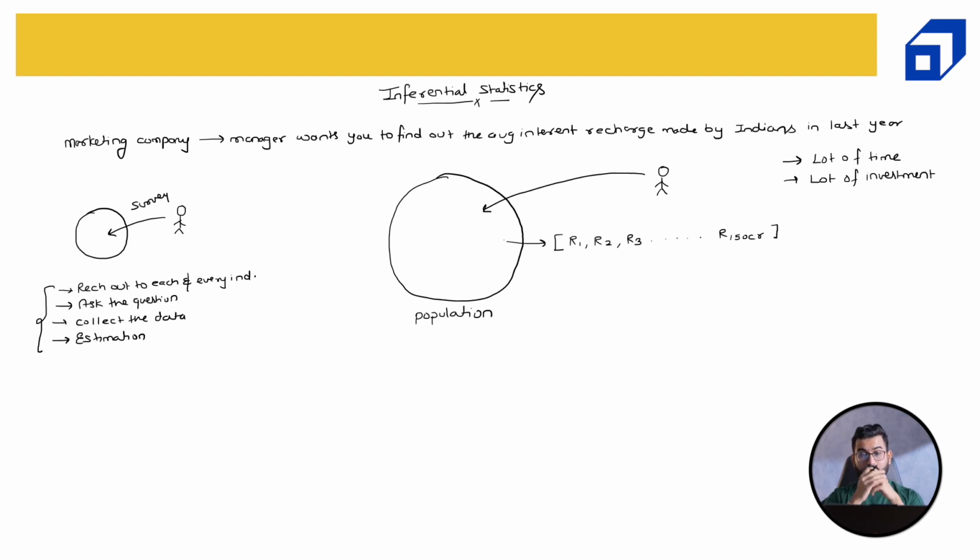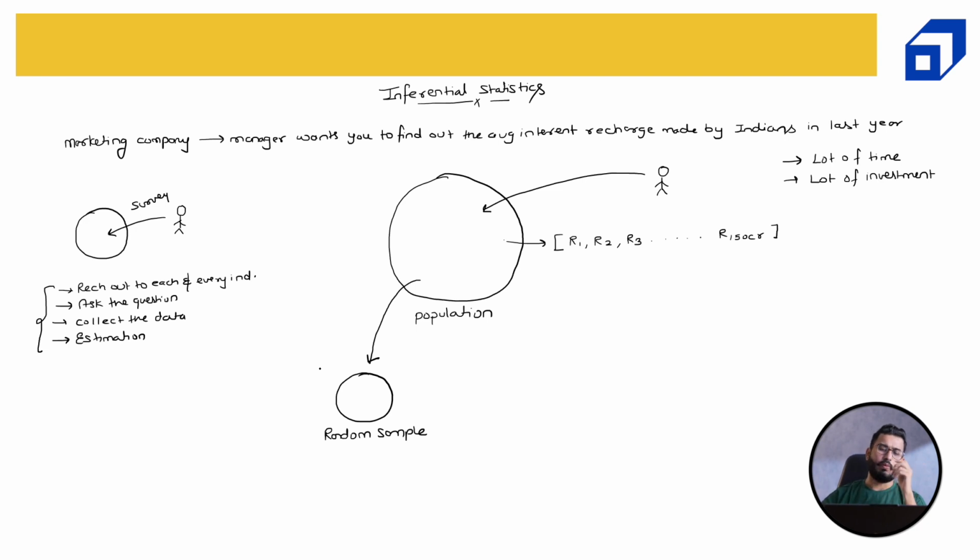Now, what is the better solution for this? We have already discussed it. The solution is, I'll take a small sample. We call this a random sample. Now I'll talk about what random sample is all about. But we take a small sample, we take random people.